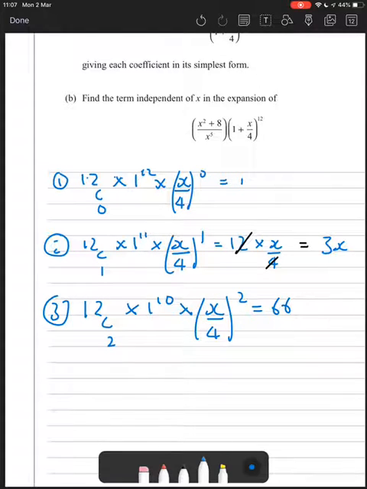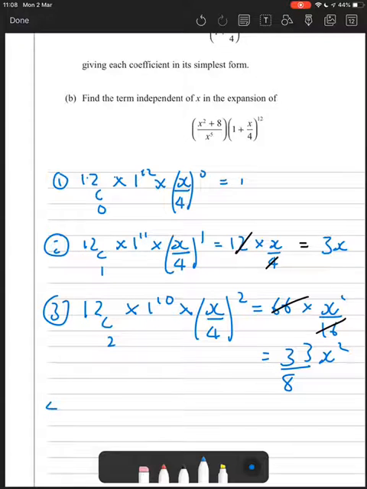So then we're multiplying that by x squared, and don't forget to square the denominator, which gives you 16. Now, what goes into both of those? Well, we can certainly take 2 out, which is going to leave us with 8 and 33. So we've got 33 over 8x squared.